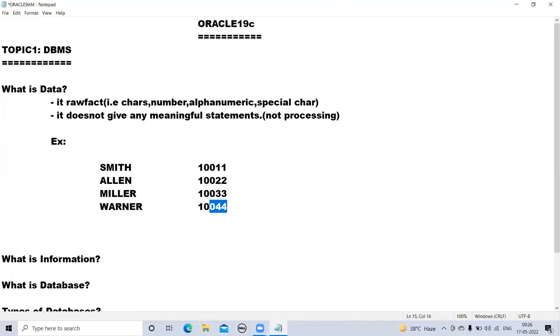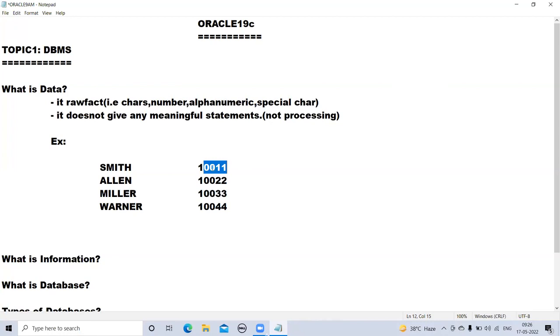What do they predict? That also we don't know. I don't know whether this number belongs to a customer ID, employee ID, invoice number, or bill number. So we can't predict it here.